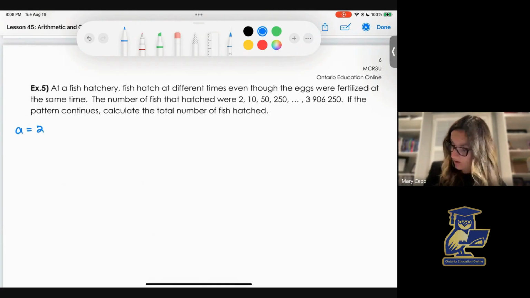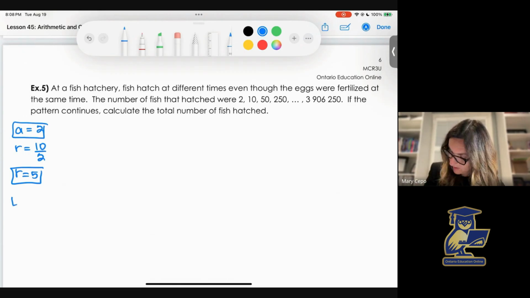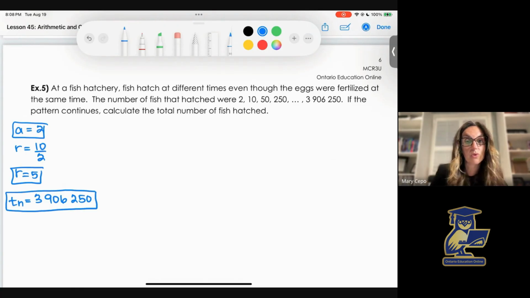We know that common ratio we can determine, which is 10 divided by 2. And we also know the final number of hatching, 3,906,250. Okay, but we don't know the total number of fertilizations happening. So we need to figure that out. We need to know what n is.